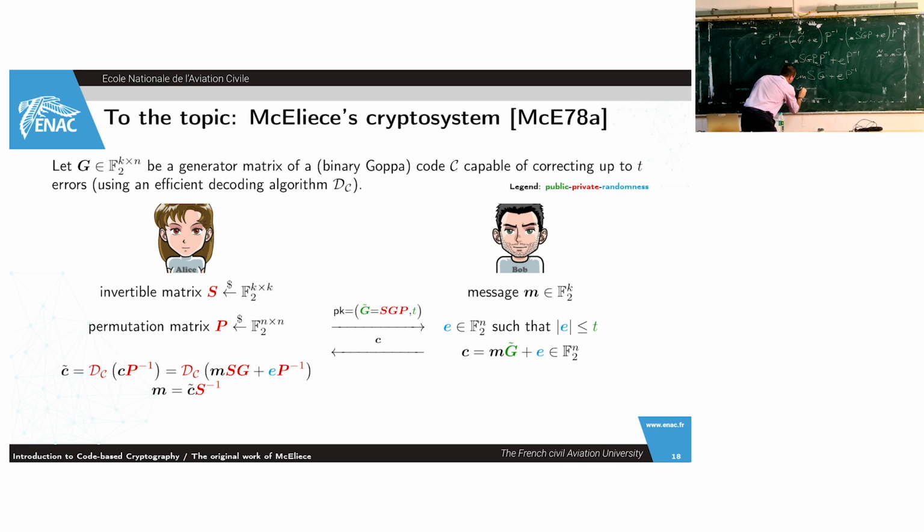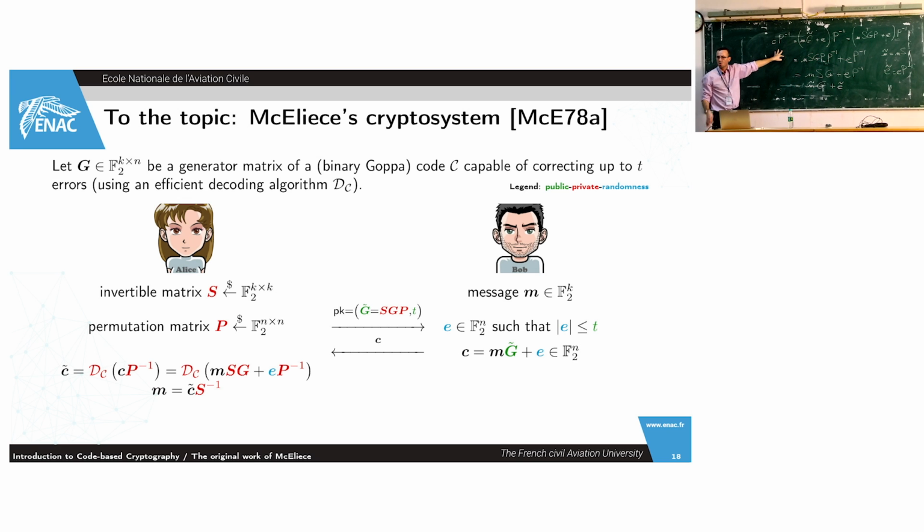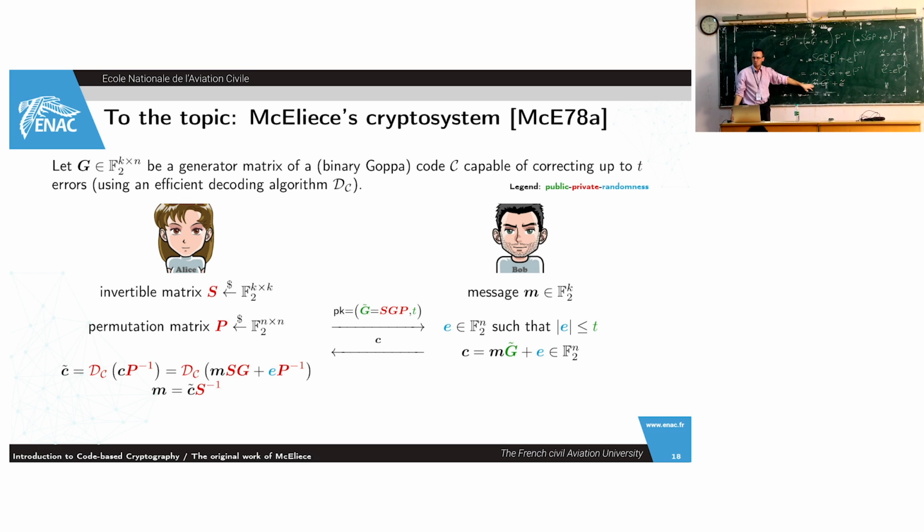So in the end, I have M tilde times G plus, and let me write E tilde equals E P minus 1. So at the end, when I compute C P minus 1, what I get is some message, which I call M tilde, times the generator matrix plus some error.